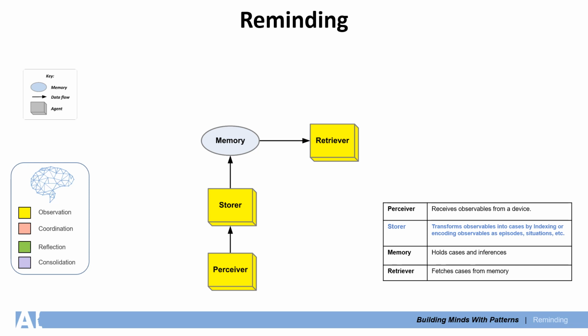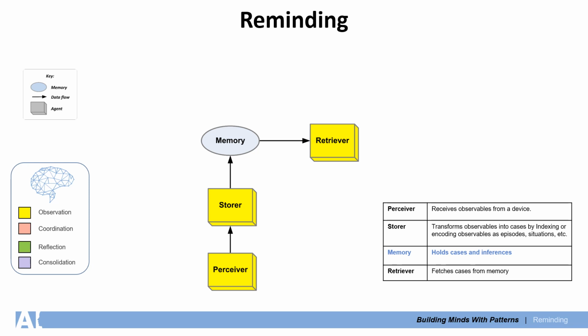Auto-associatively means that the observables or encodings alone are used to refer to the case. Heteroassociatively means that more than the observables or encodings alone are required to refer to the case. The memory will hold cases and possibly also inferences derived from the cases.